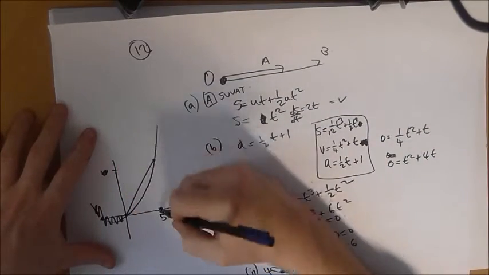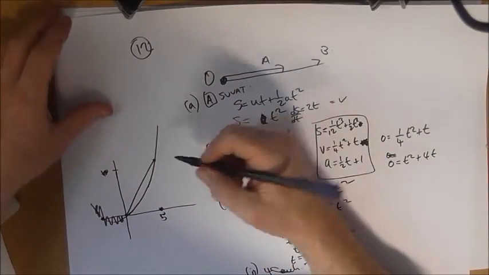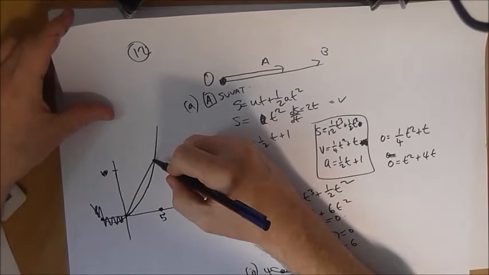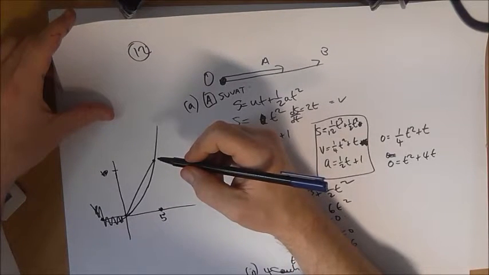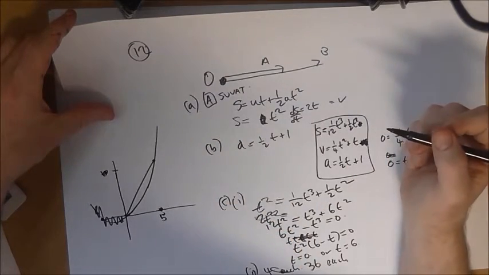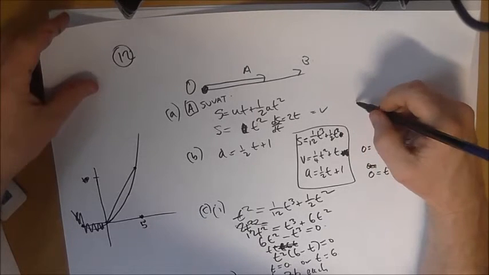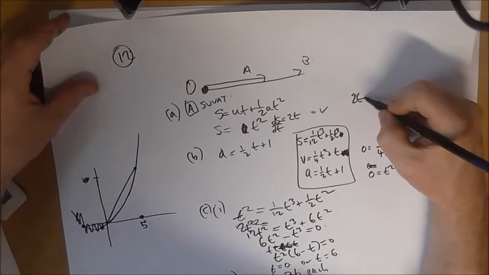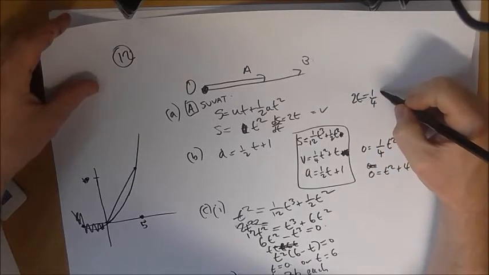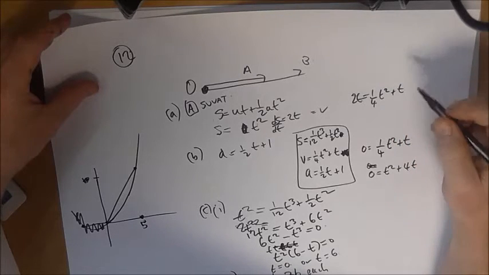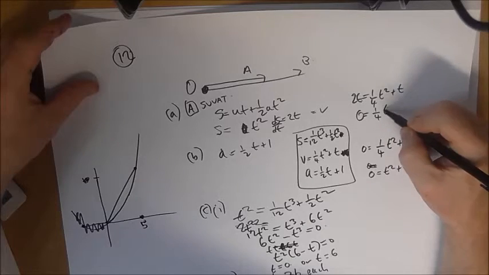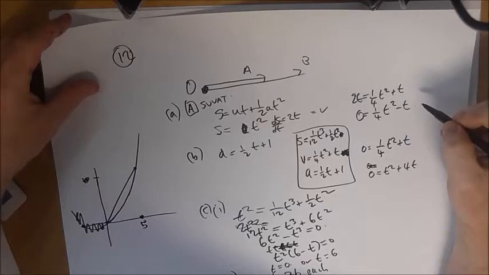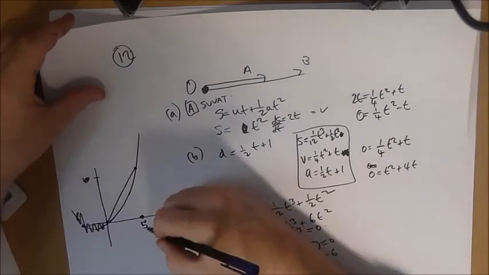Now, where do they meet? I think it's probably a good idea to nail down what that is. I'll just see if it's quick to find that out. 2t equals a quarter t squared plus t plus a half, so t equals 4.